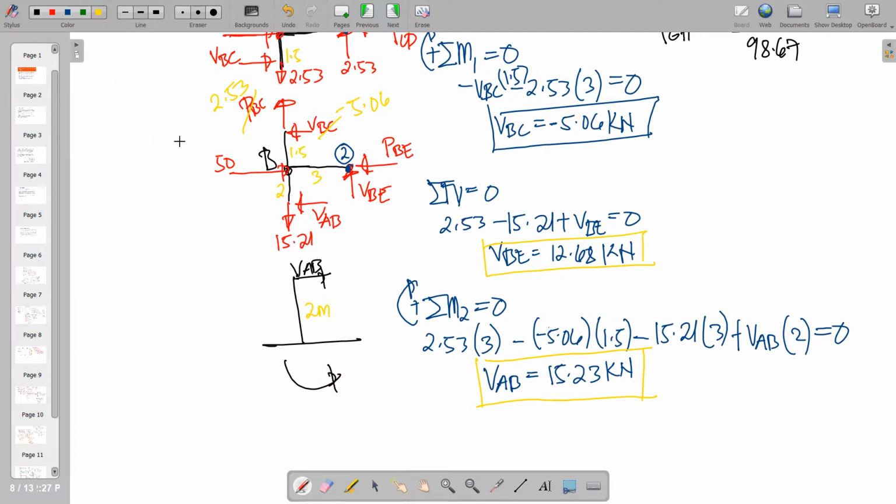Of course, there is also here 15.21, and this is 15.23. So MA is equal to 15.23 times 2. We have 30.46 kilonewton meter. So this is MA.